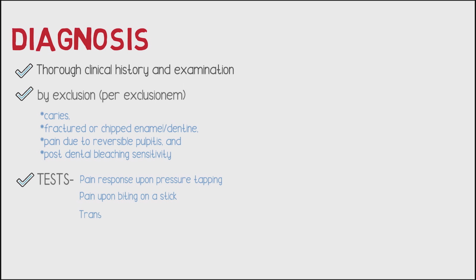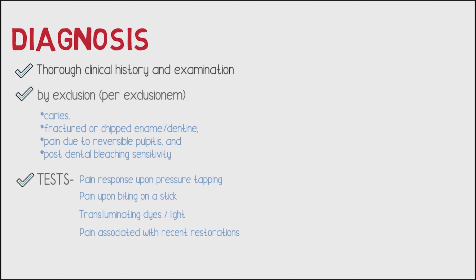Some other techniques include pain response upon percussion, tapping. If yes, it may indicate pulpitis or periodontal involvement. Pain upon biting on a stick may indicate tooth fracture, which may be confirmed by using transilluminating dye or light. Also check for any recent restoration, any microleakage, or high points.